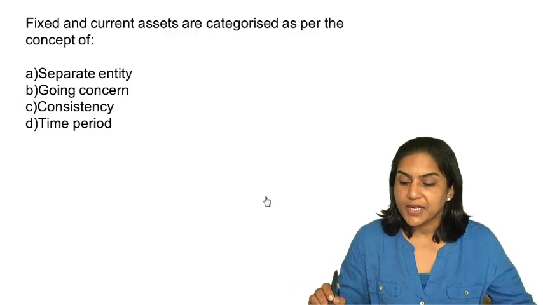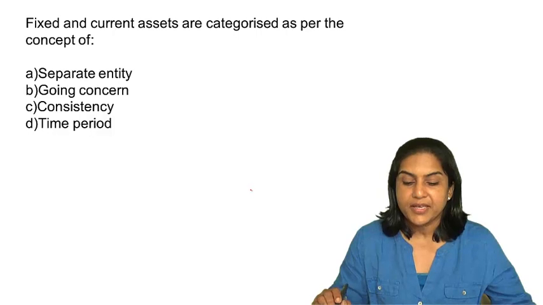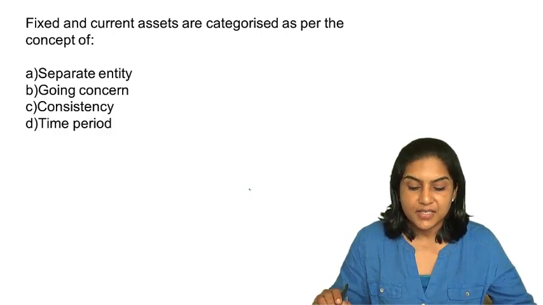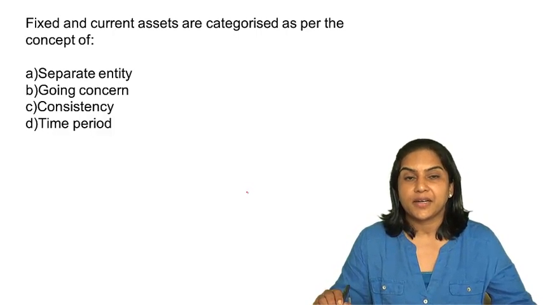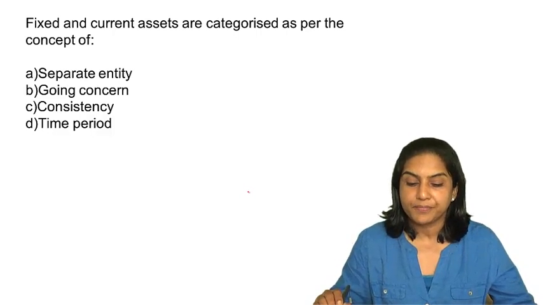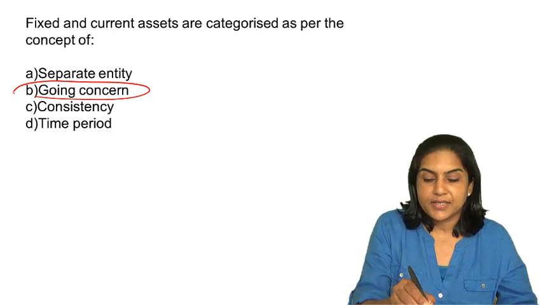Next, fixed and current assets are categorized as per the concept of A, separate entity, B, going concern entity, C, consistency, and D, time period. Fixed and current assets, non-current and current assets, are categorized as per the concept of going concern.